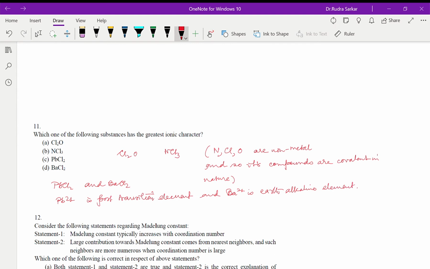Okay, Pb2 plus will be more polarizing than Ba2 plus due to lanthanoid contraction.